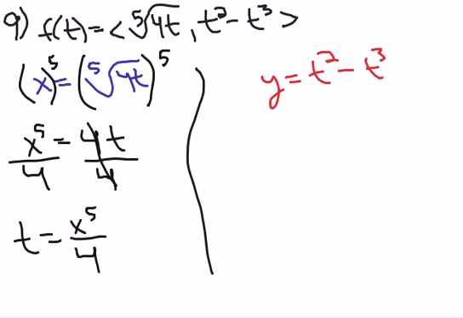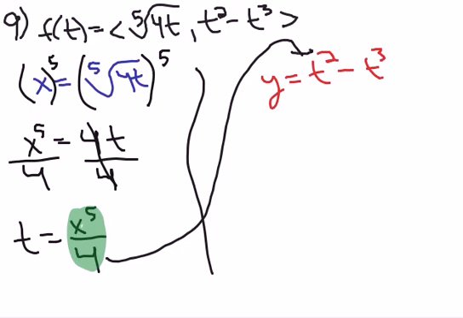Now, to finish this up here, I'm going to take this, let me choose a different color. I'm going to take this as my t value, right? And I'm going to substitute this into this t value, and in this case also this t value, right? There's two t values. Both I'm going to replace with x to the fifth over 4.